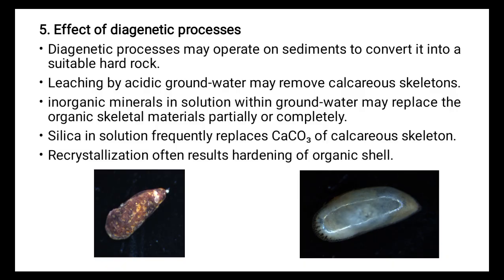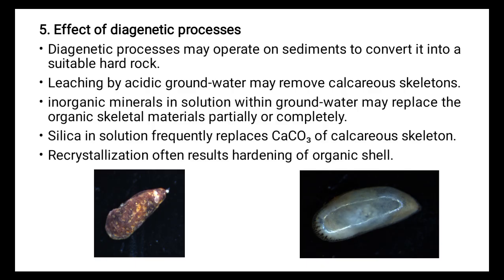First, leaching by acidic groundwater: when acidic groundwater runs through the sediment, it will leach the calcareous skeleton. Another point is that inorganic minerals in solution in groundwater may replace it. Many times calcite is replaced by silica or iron oxide carried by this water. So recrystallization often results in hardening of the cell.